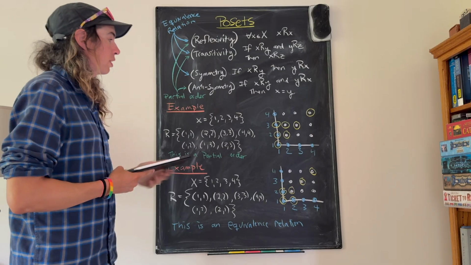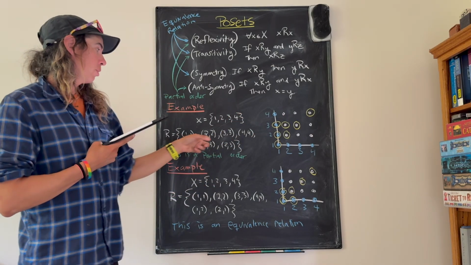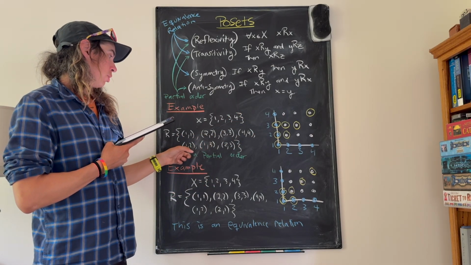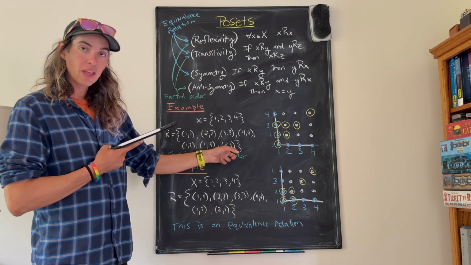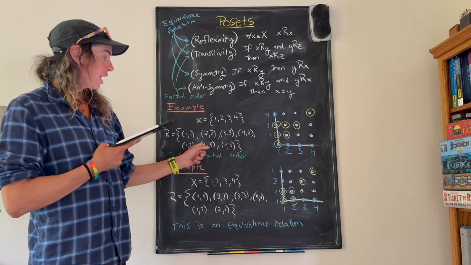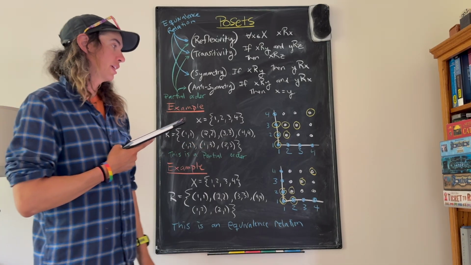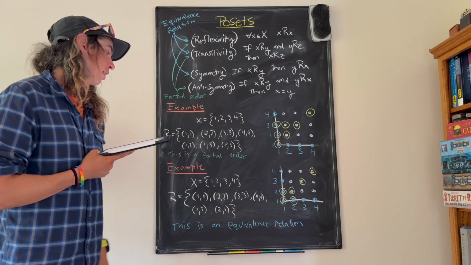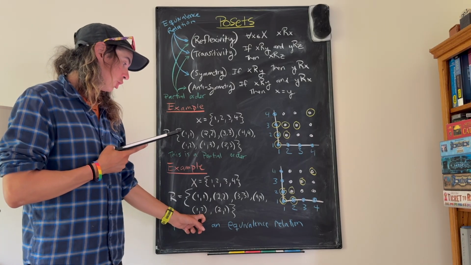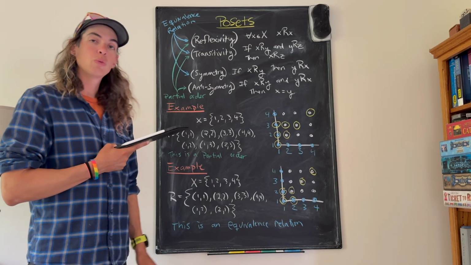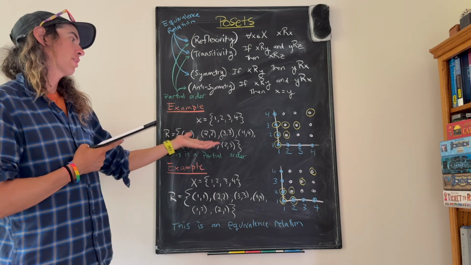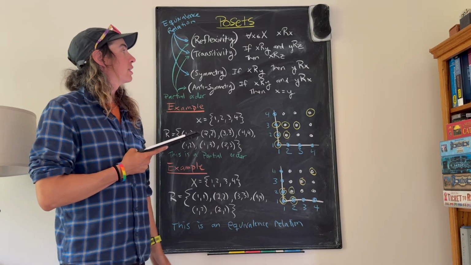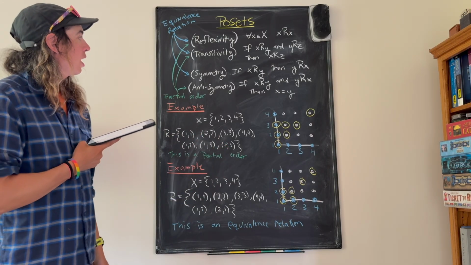So for example, here, 1 is related to 2, and 2 is related to 3, therefore 1 must be related to 3, and indeed 1 is related to 3. And here, for example, 1 is related to 2, and 2 is related to 1, so 1 must be related to 1, which it is. Great, and you can check that for all other pairs, both of these satisfy transitivity.